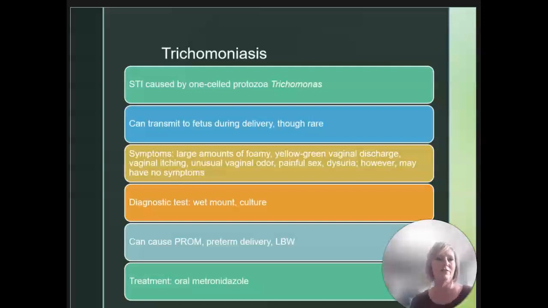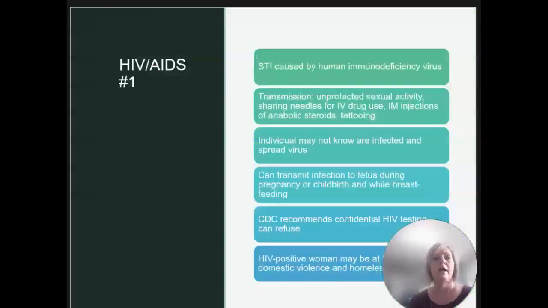I've always heard it has a fishy smell or a very unusual vaginal odor. Painful sexual intercourse and dysuria can all be signs. We have to culture this to see what it is. It can lead to low birth weight, premature rupture of membranes, and preterm delivery, and we treat it with oral metronidazole. So that's how we're going to treat trichomonas.